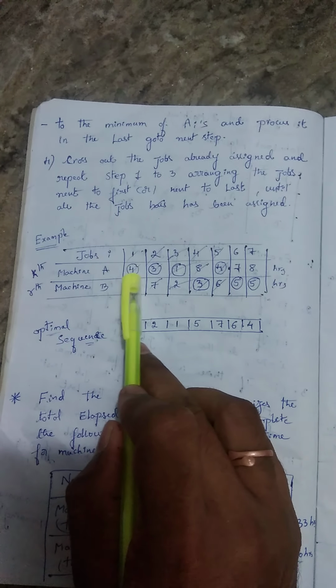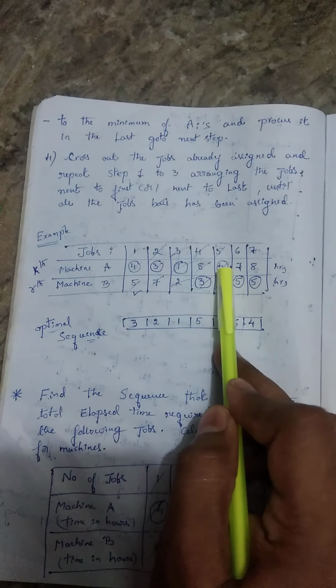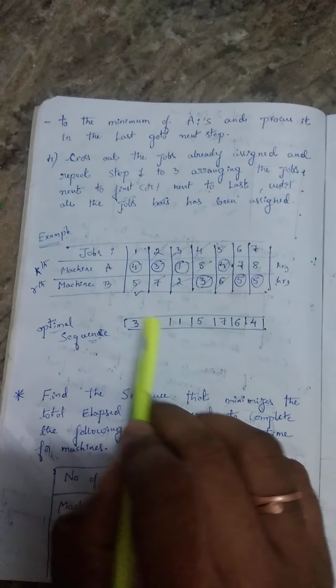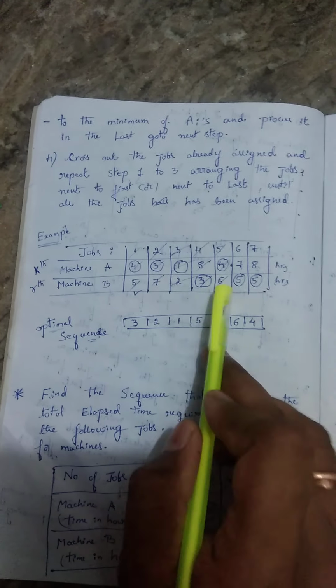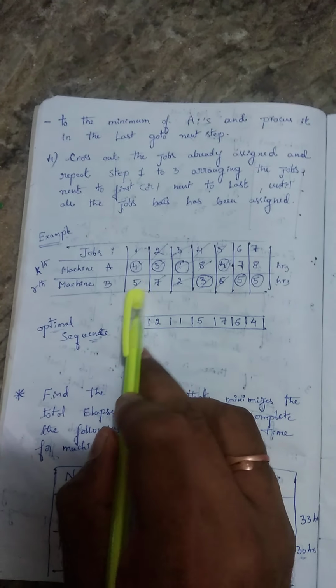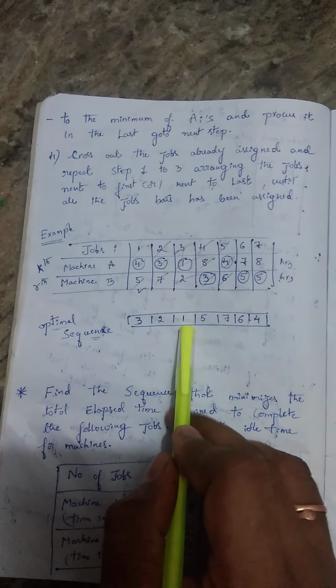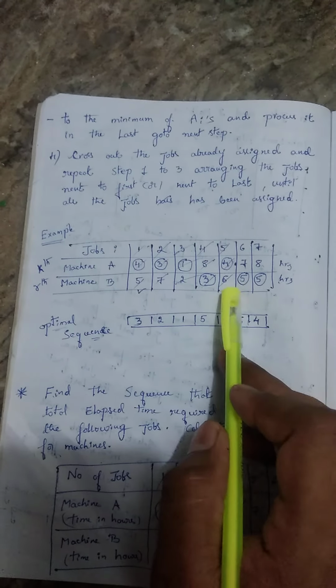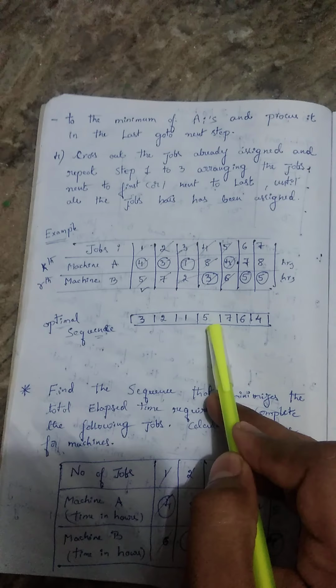Because in machine A, 4 working hours are there, here also 4 working hours are there. Within the same machine, the 4 working hours are repeated. Going with the condition on B, machine B has 5, here it has 6. Which is the smallest one? It is 5. That's why we are placing the first job in the first case. Next, the fifth job in the next case. After the first job, we are placing the fifth job.